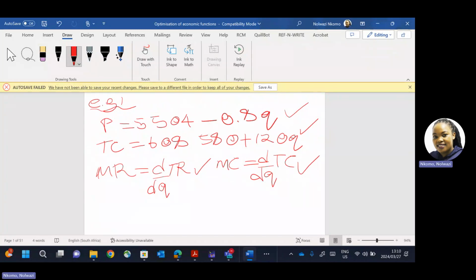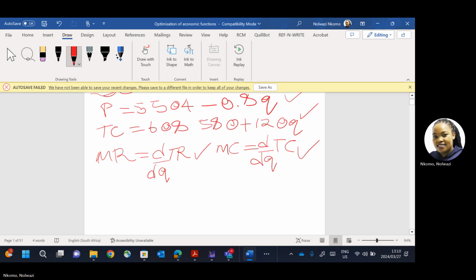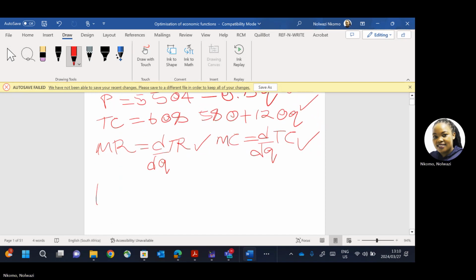Here, remember, they said determine the price and quantity for which profit is maximized. And we know that the profit is equal to the total revenue minus the total cost.